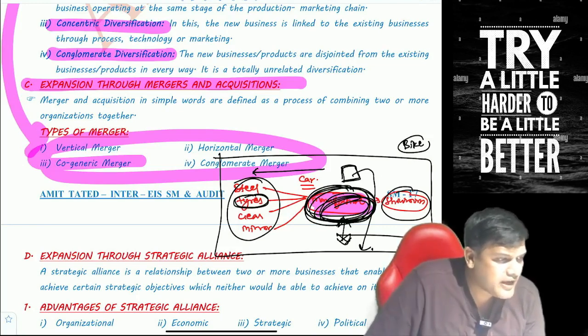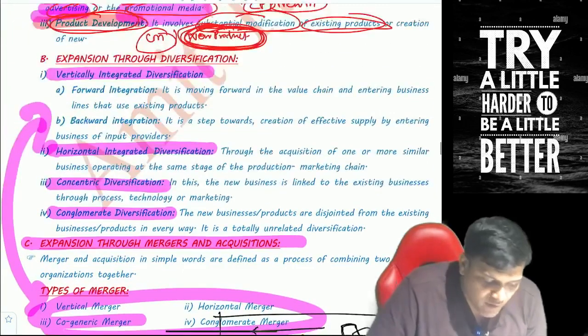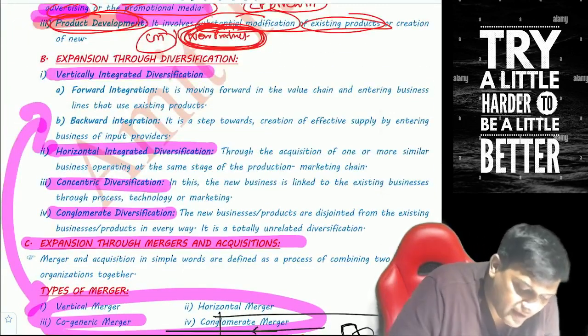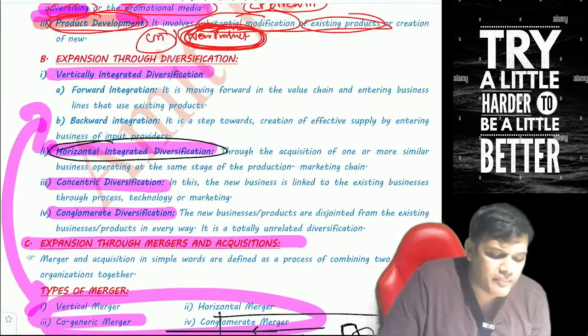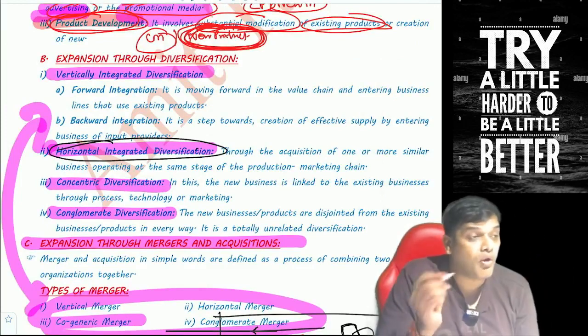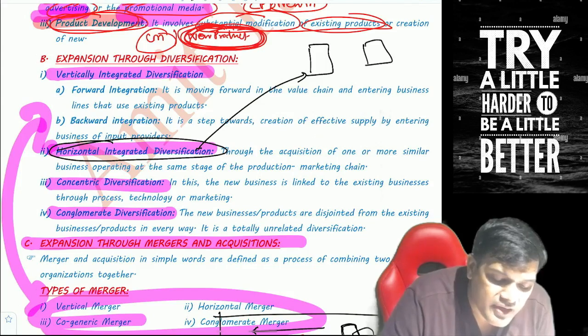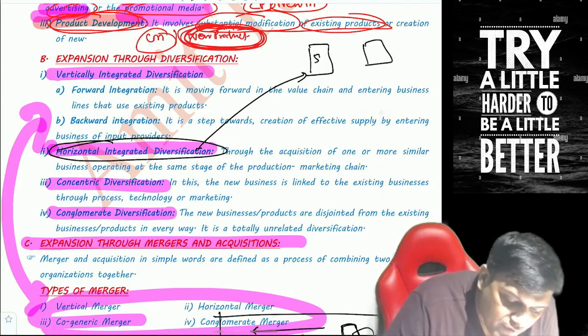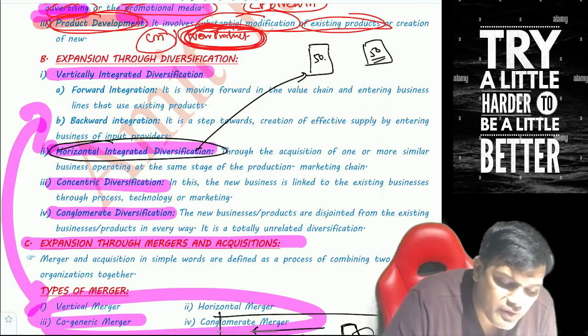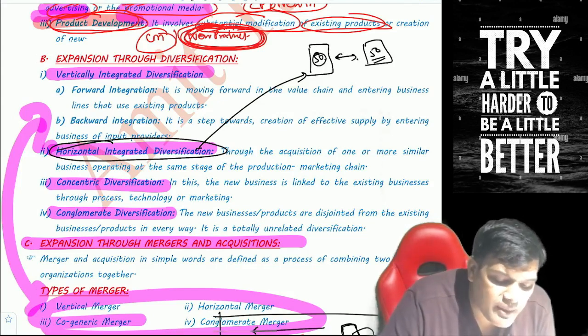What is the difference between acquisition and horizontal integration? See, horizontal integration is almost similar to the horizontal merger. But here we can say it like this: I have one factory of 50,000 units, and I am starting one more factory of 50,000 units. Now my production capacity is 1 lakh units.